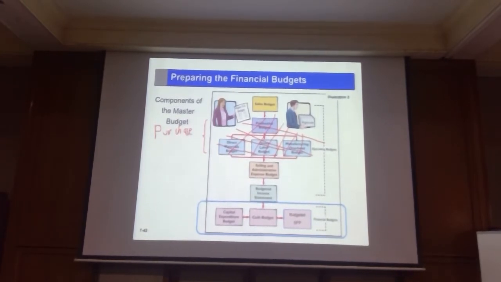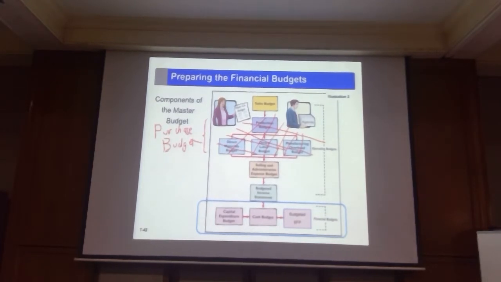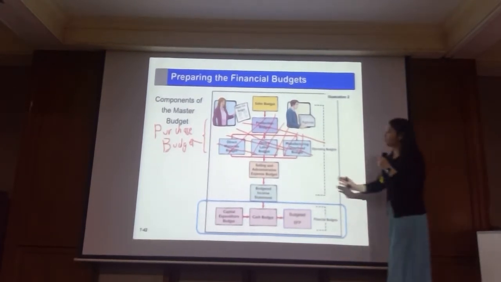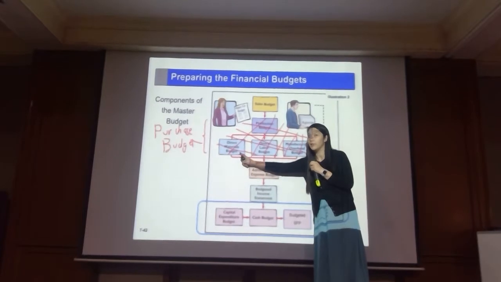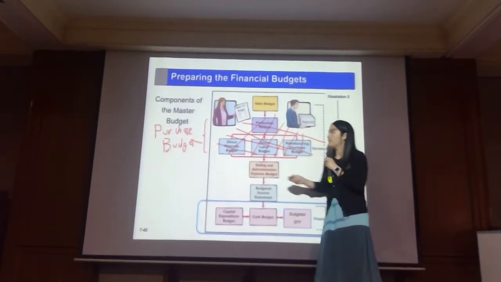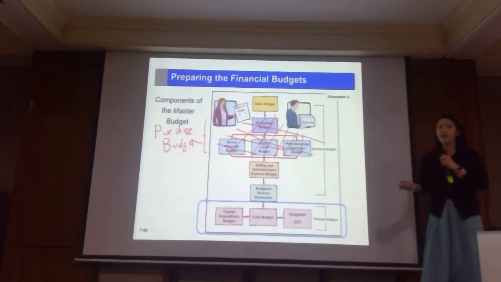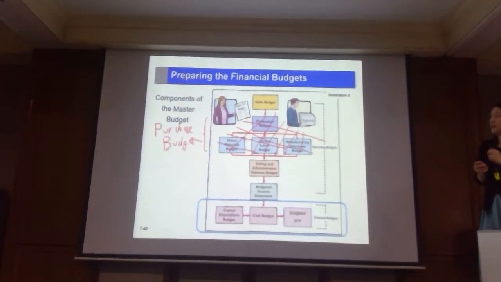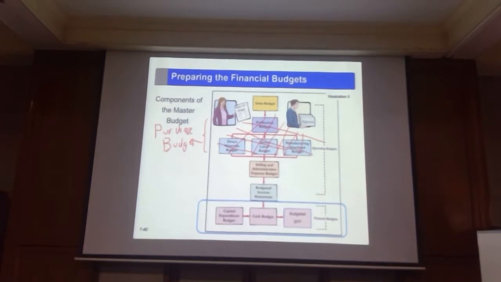How much inventory should we purchase? For the purchase budget, the concept of how to compute it is quite similar to the direct material budget. So I just tell you the concept.